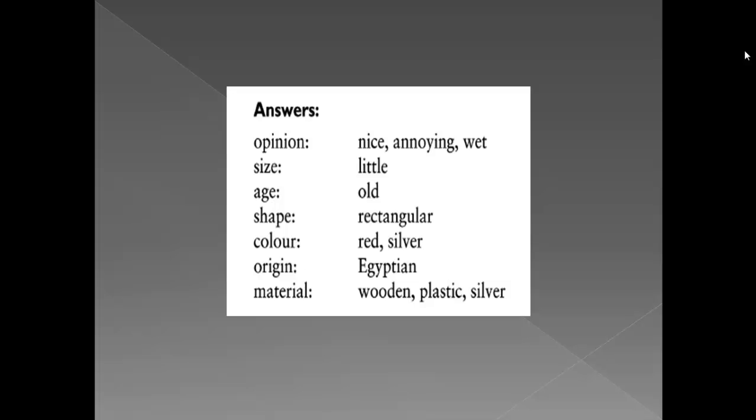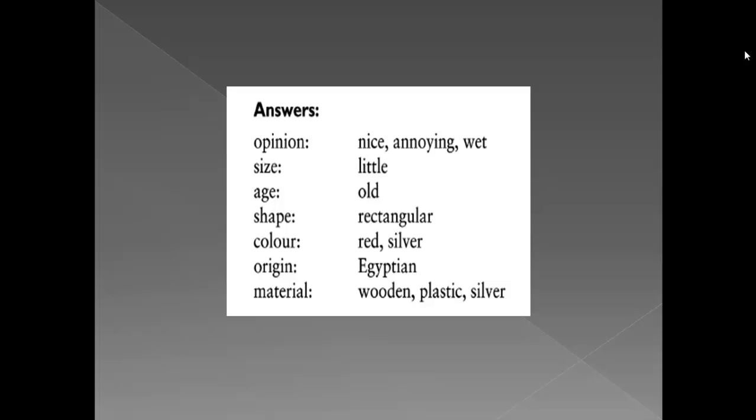The adjectives which express the opinion are nice, annoying, wet. Then the size, little. We can say, for example, big, large, huge, 4 meters, etc. Age, old, young, etc. Shape, rectangular.